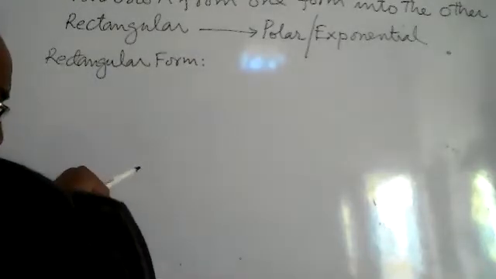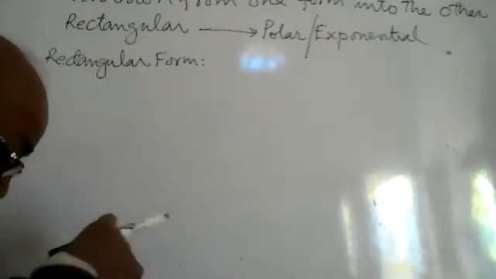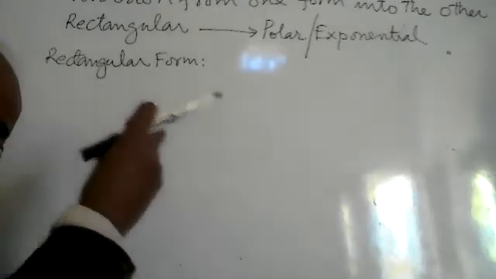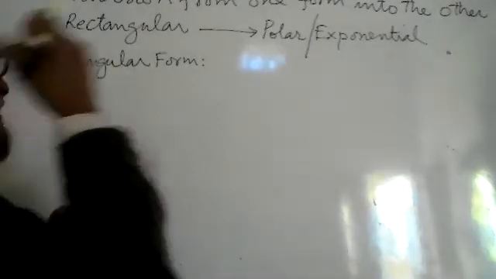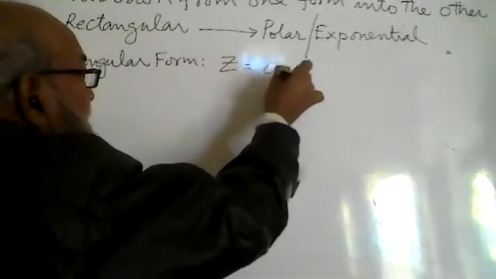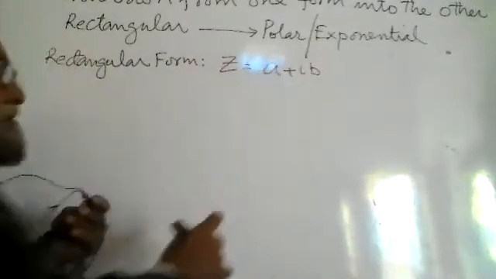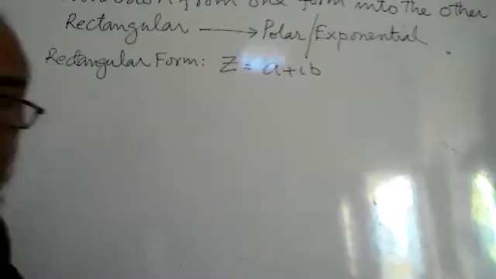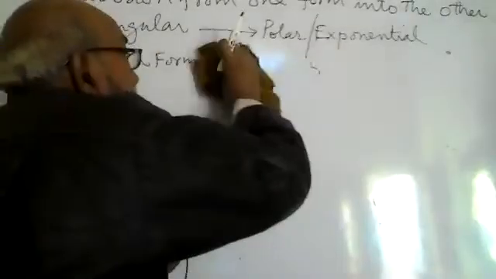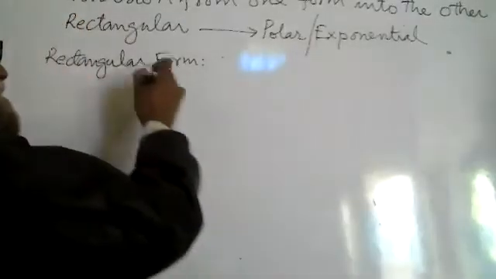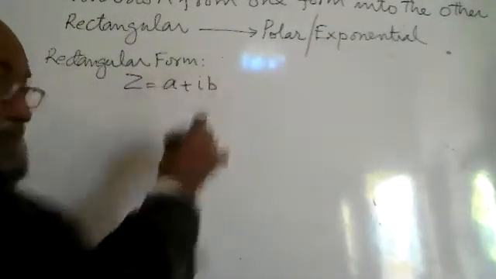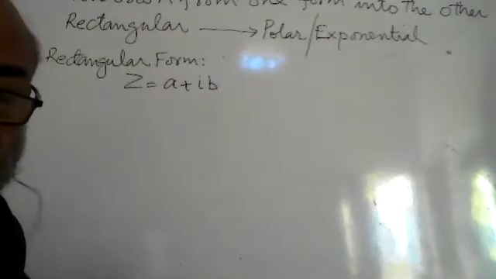z is equal to a plus iota b. Rectangular form.